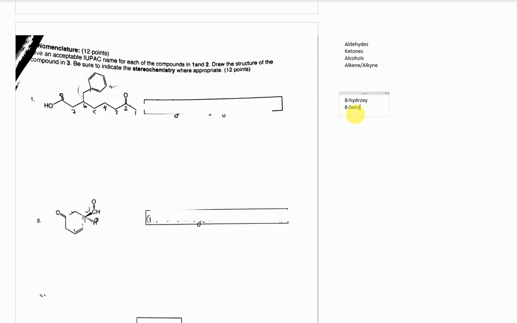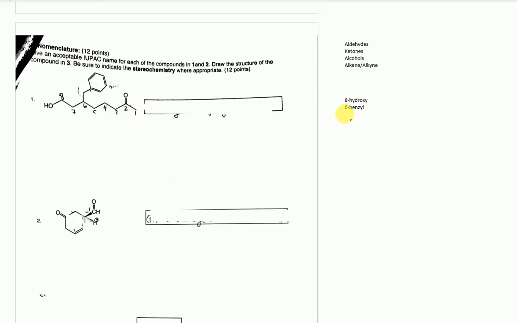This is called a benzyl group. The other group where it's just a direct attachment of a benzene ring substituent, it's called phenyl, with YL, not OL.